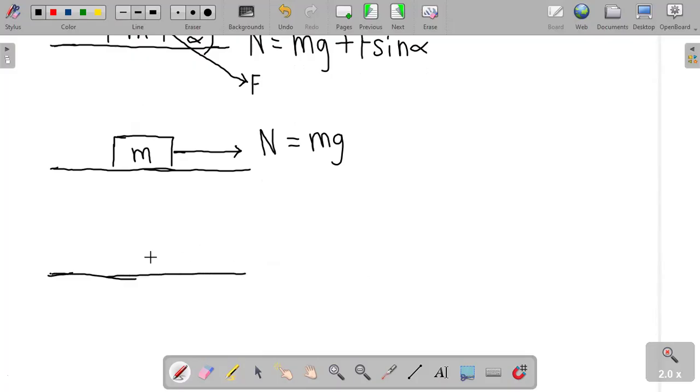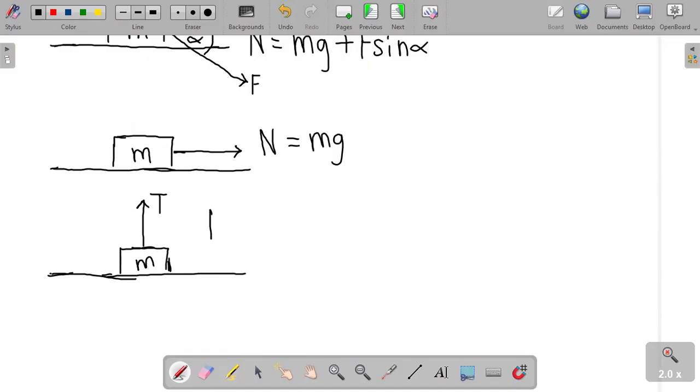You have an object placed on a horizontal surface like this, and there is a tension going up, acting on the object.